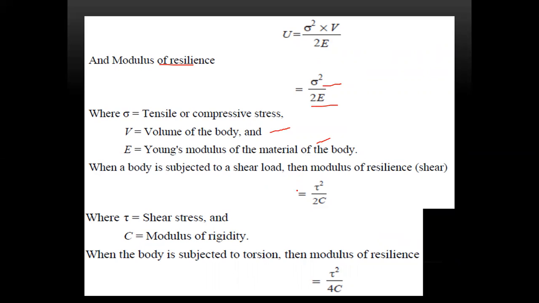When the body is subjected to shear load, then U is equal to tau square by 2C into V, where tau is the shear stress and C is the modulus of rigidity. For a body subjected to torsion, the value is 4C instead of 2C for a shear load.